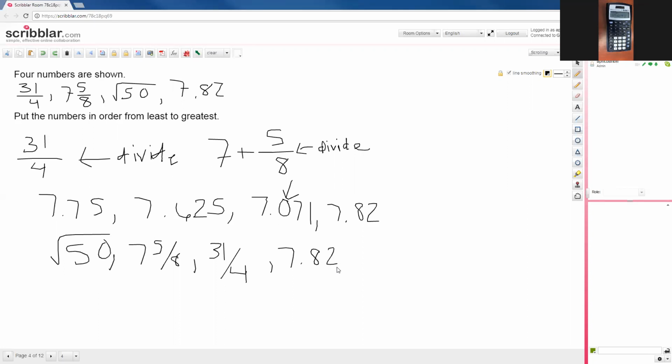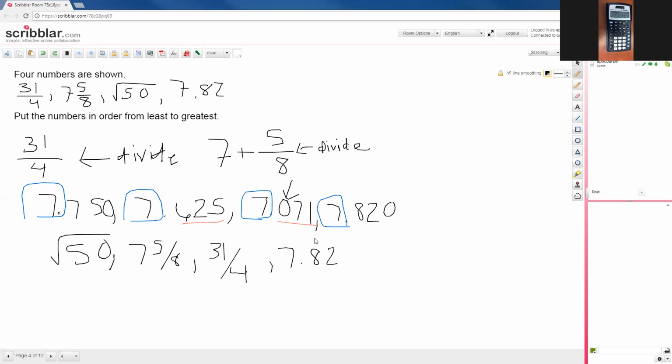So if you're ever confused, where they all start with the same number, they all start with 7s, if you make each decimal the same length, so we have the 625, that's 3 digits, and the 071, that's 3 digits. The other two you can put zeros on to make them 3 digits.